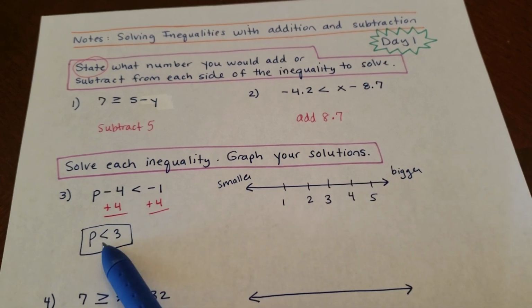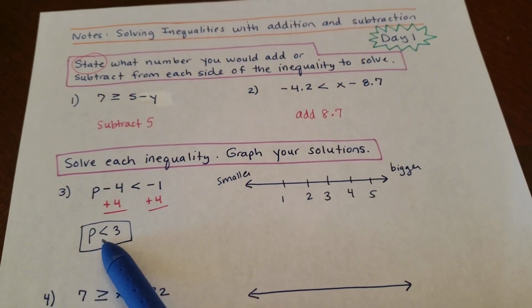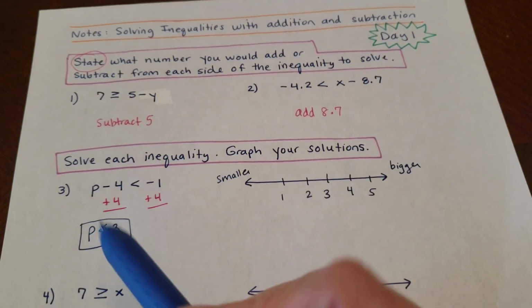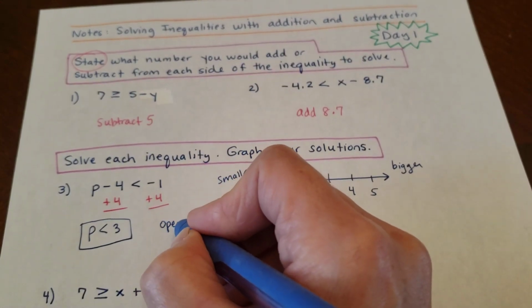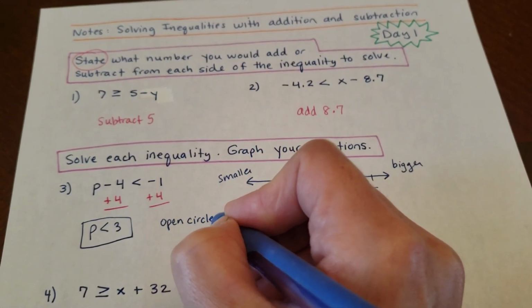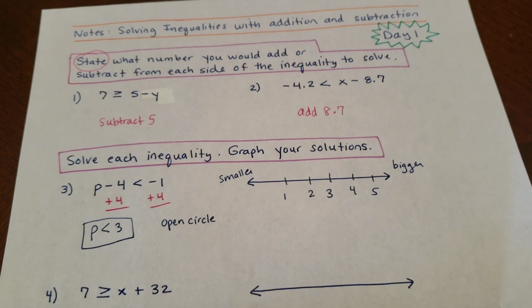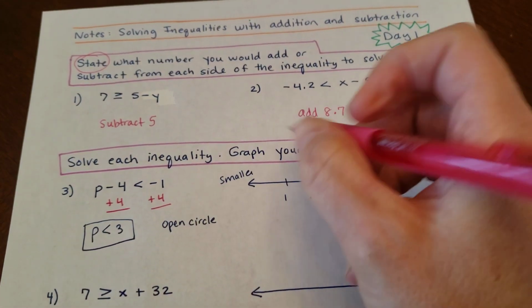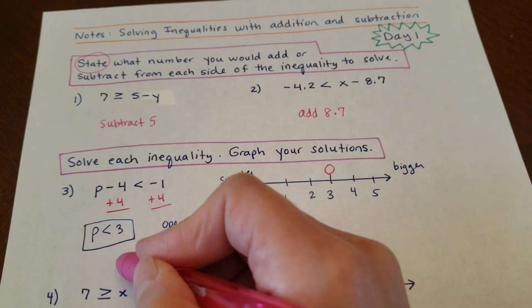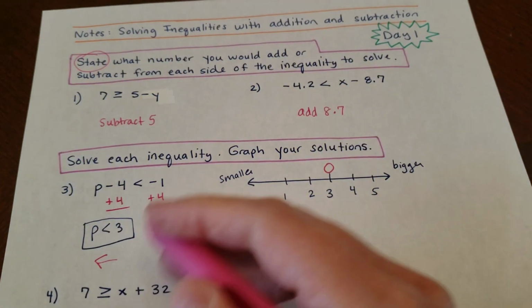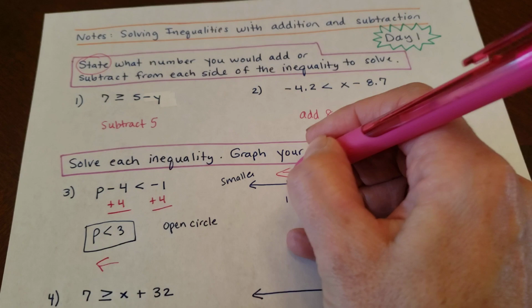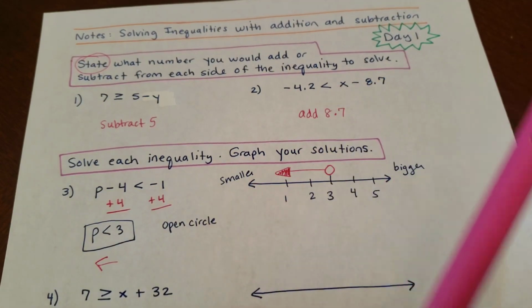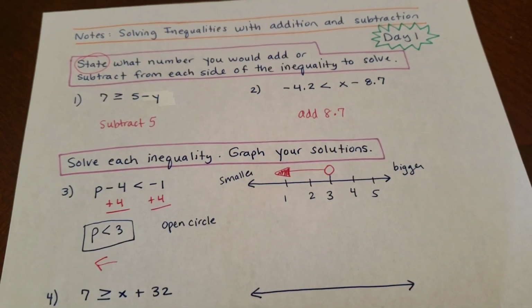And then just a review, because it's open, because it has no bar, it's going to be an open circle, just like we did last week. So open circle on 3. And it points to the left, so we're going to point to the left. And that's the answer for number 3.